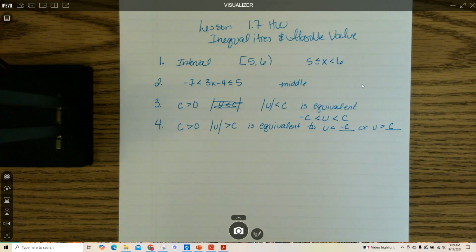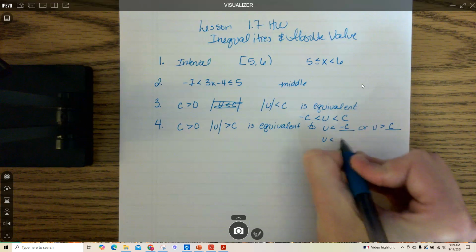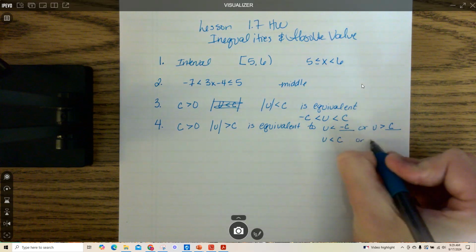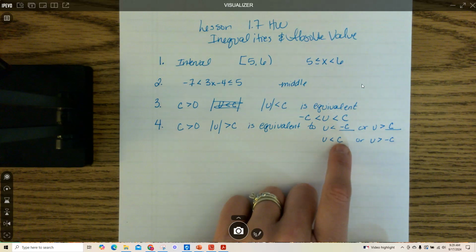I answered it, but that one doesn't look right. Negative c is greater than u, c is less than u. I would say this needs to be the positive c. It says the first one was right.